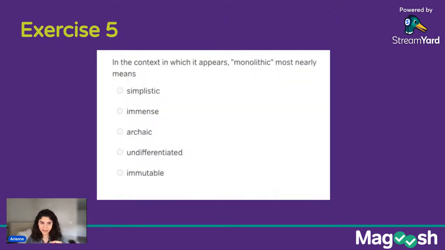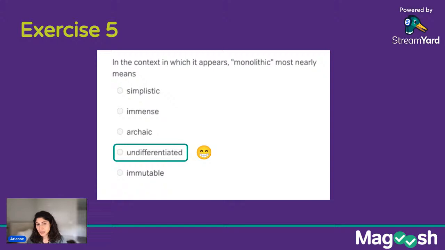That's why we use uniform to substitute monolithic, to also be substituted by undifferentiated. Does that make sense? This is definitely one of the more challenging questions for some students.